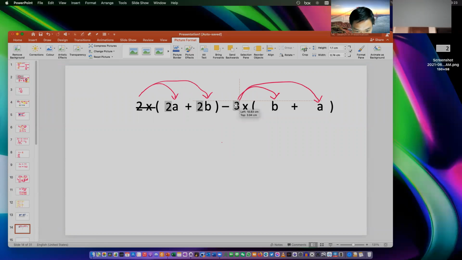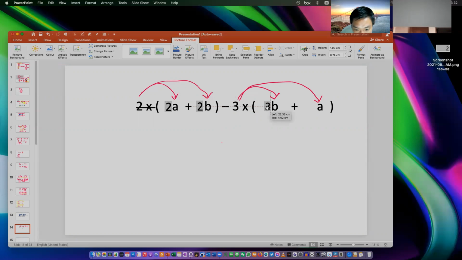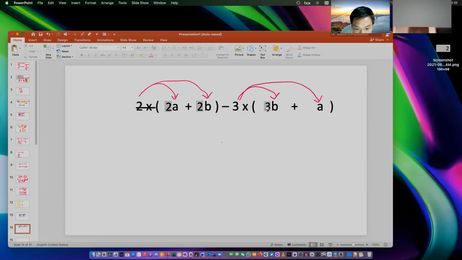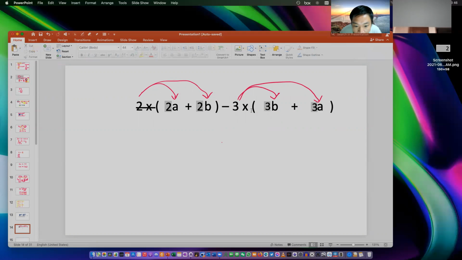So the first arrow is 3 times B, right? You're moving the 3 inside next to the B. For the second arrow, you move the 3 inside next to the A. Therefore here is gone.